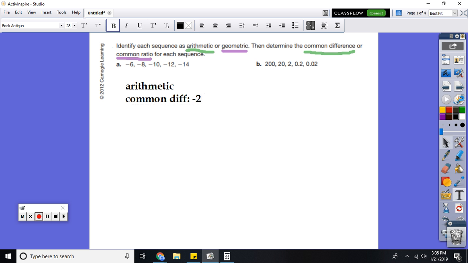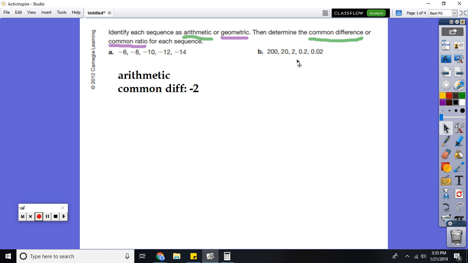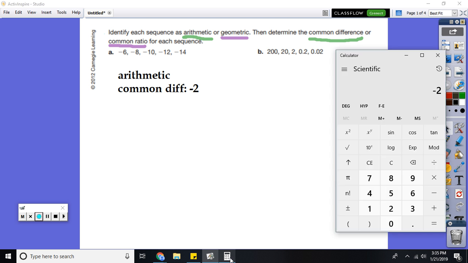Now, B is looking like it's geometric because it changes so quickly. But if I just wanted to check, I could take the second term, subtract the first term. If I'm thinking it's arithmetic, then that means I would be adding a negative 180 each time. Well, 20 plus negative 180 does not equal 2. So I'm not maintaining that common difference, which makes it not arithmetic.